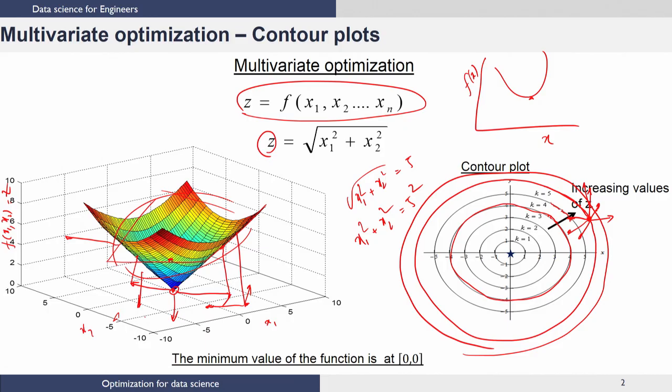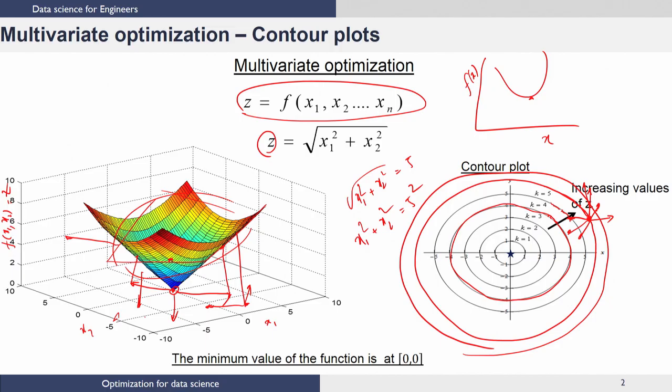Now, as I speak, you would have noticed that there are two decisions that I need to make. The one decision is, of all of these directions, what direction should I choose? I have to sit here and make a choice about the direction.